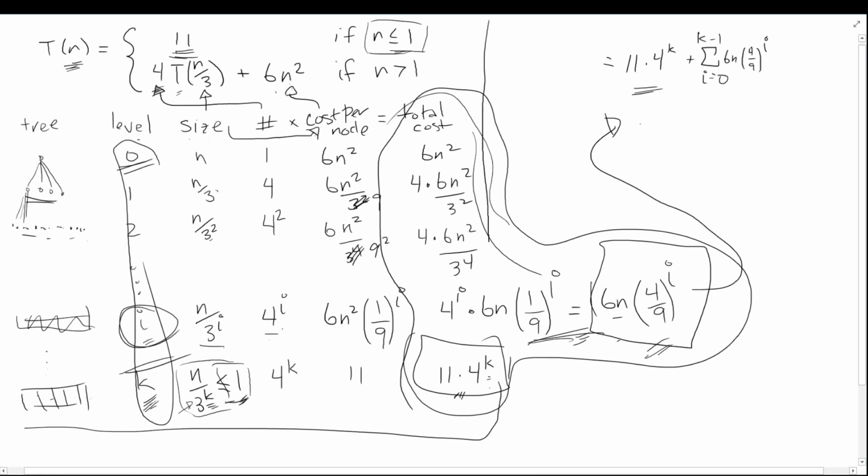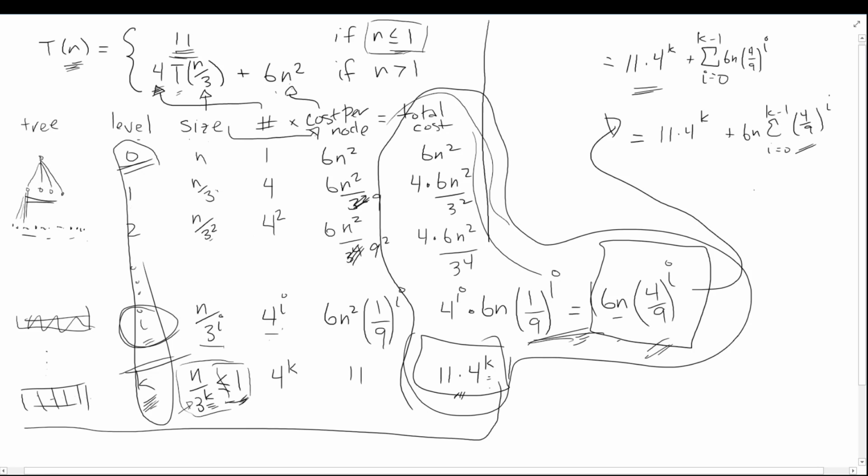Okay, putting this together, a little bit of simplification. I might do this one first. So again, 11 times 4 to the k plus, let's bring that 6n outside, the sum for i equals 0 to k minus 1. Well, 4 over 9 is less than 1.